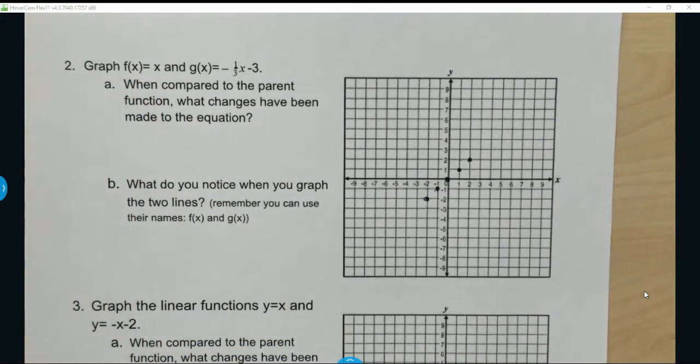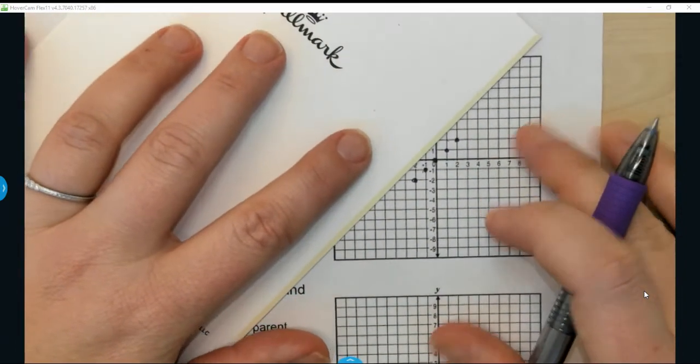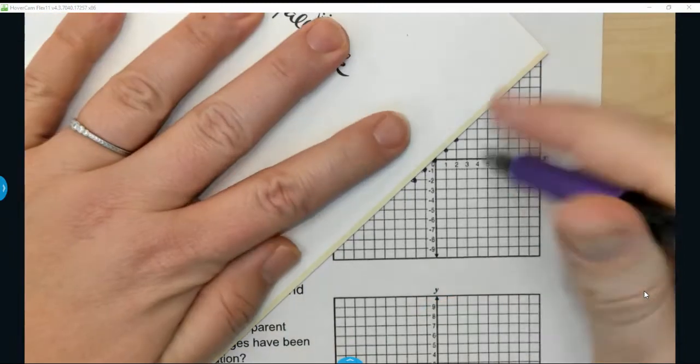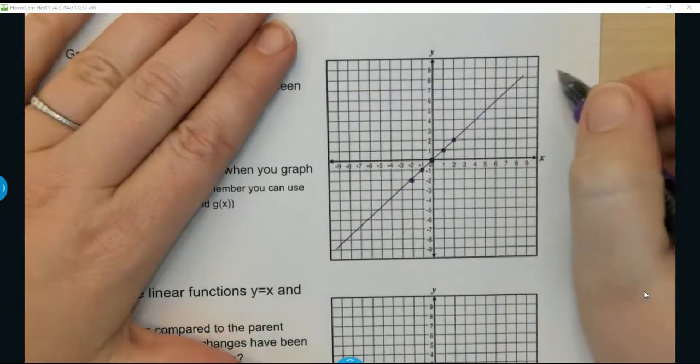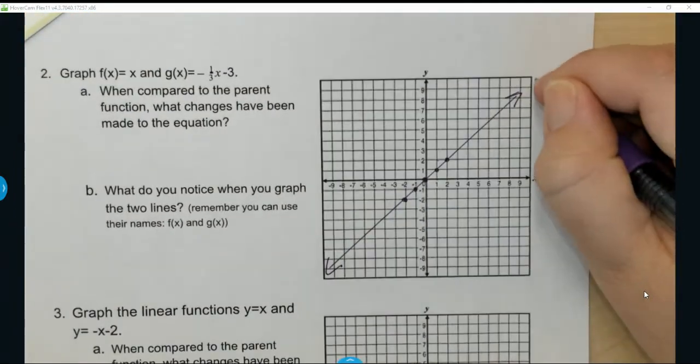Again, count up and to the right or down and to the left. Up 1 over 1, up 1 over 1. Draw that line. So that's my original f of x.